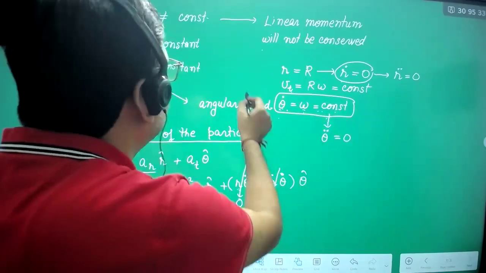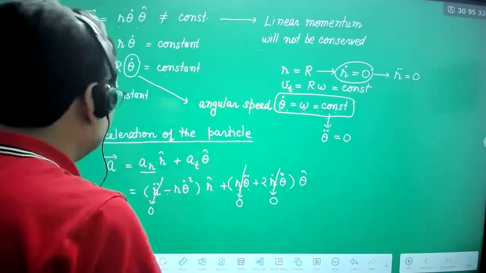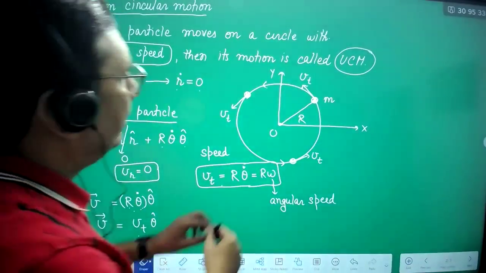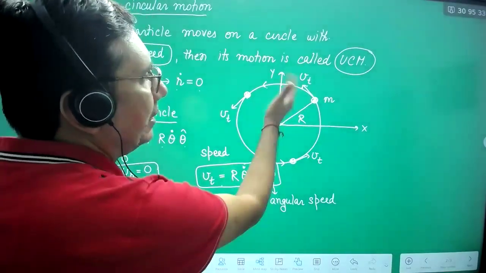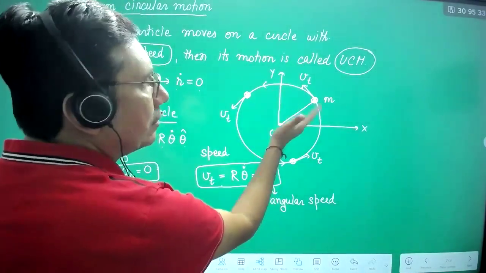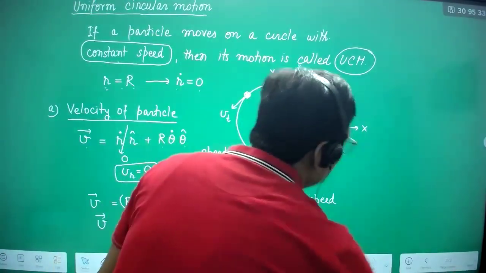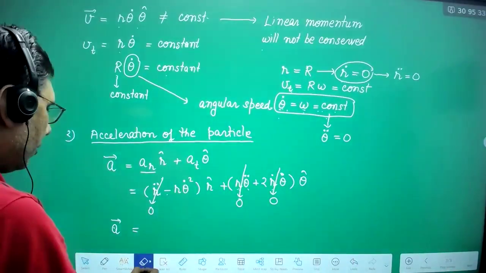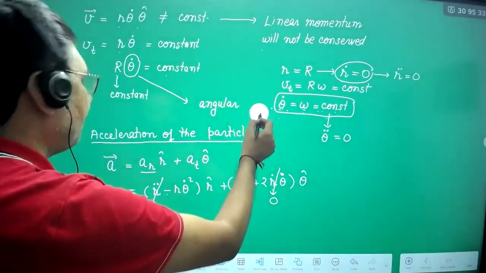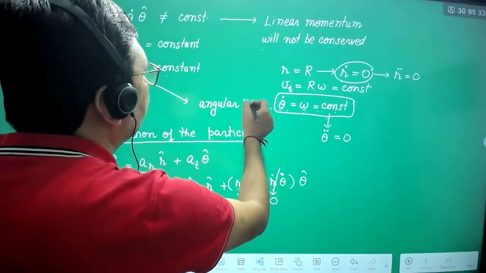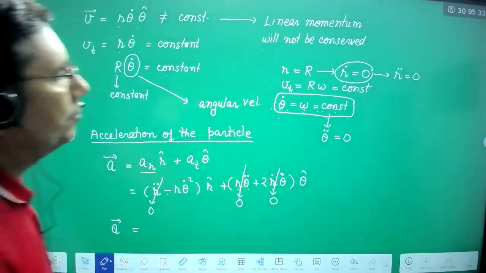What will be the direction of this omega? It is rotating like this, so this will be the direction of the thumb. So the direction will also be constant: angular speed will be constant, and angular velocity will also be constant.